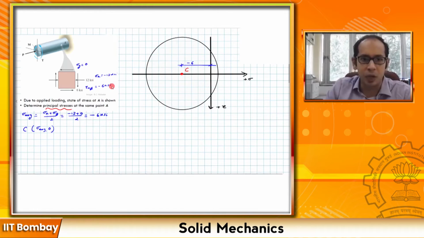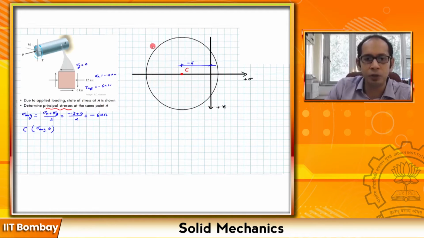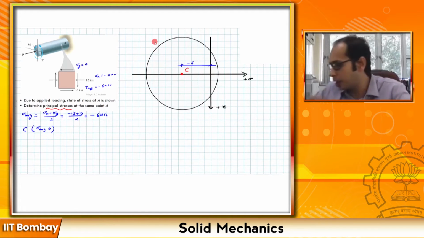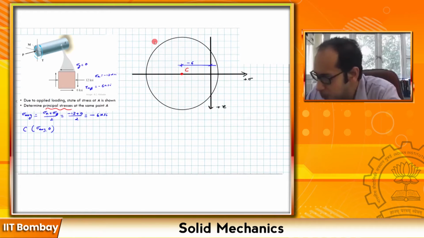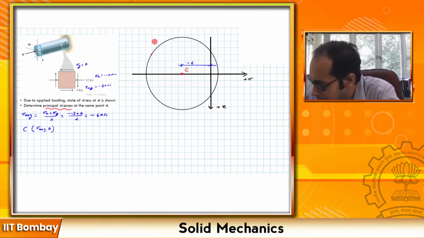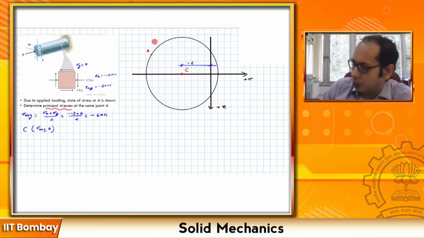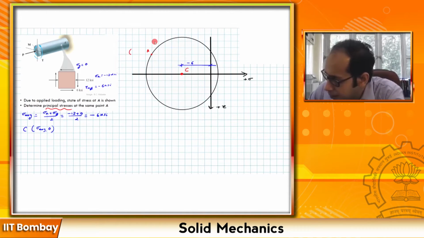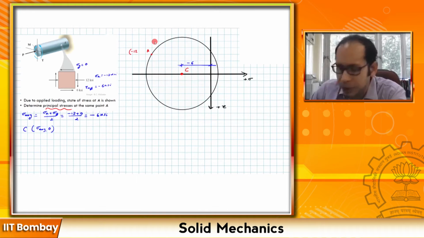Minus 12 means of course to the left of the origin, and the minus 6 means it should be up because tau is positive downward. So let's go ahead and mark the point A in this figure. Maybe this is my point A, and the ordinate of A is minus 12 for the sigma, and minus 6 for the tau.